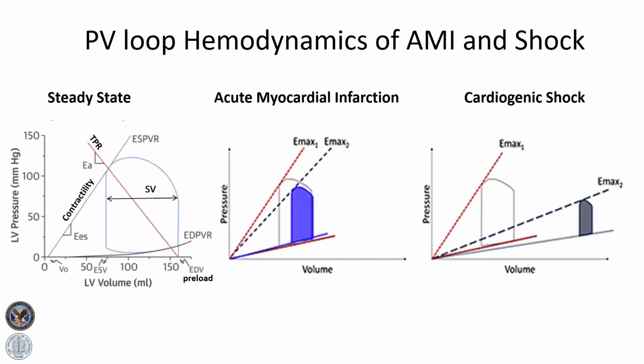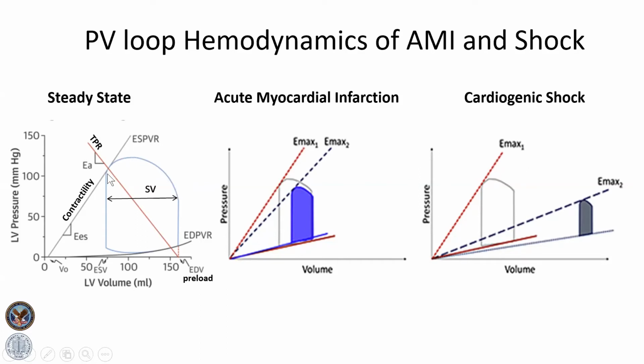Okay, let's start briefly with the hemodynamics of AMI and shock and the pressure volume loop, which we'll use to gauge the potency of the other devices. The pressure volume loop begins at the end of diastole, or at the end point where the end diastolic pressure volume relationship increases along the isovolumetric contraction to the ejection point where the aortic valve opens.